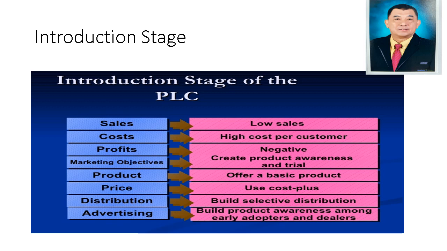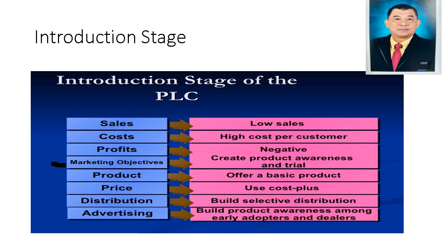And then your expense is really very high in terms of per capita of the customers. Actually, there's no profit at all. And your marketing objective should be to create product awareness, education, persuasion, and trial. That's your marketing objective.